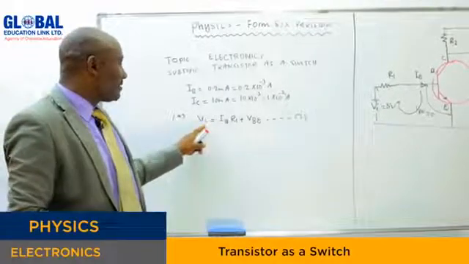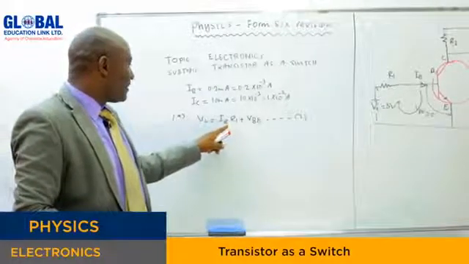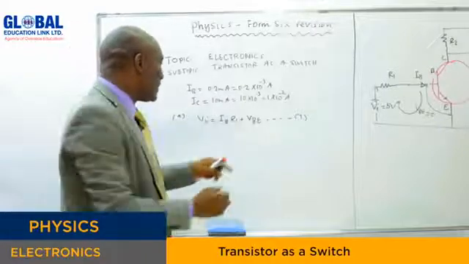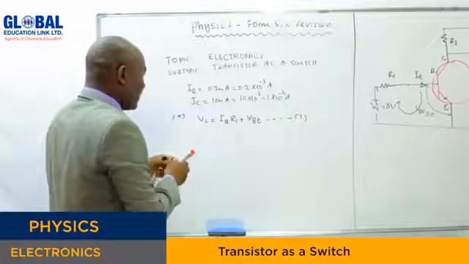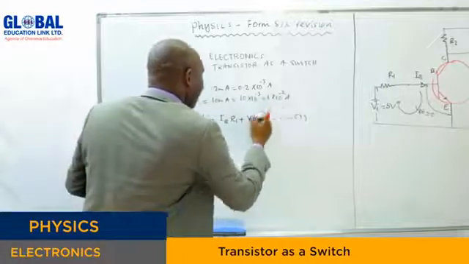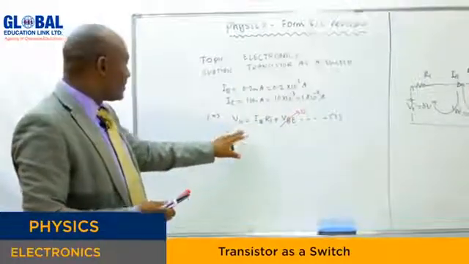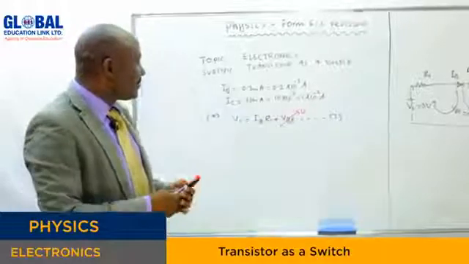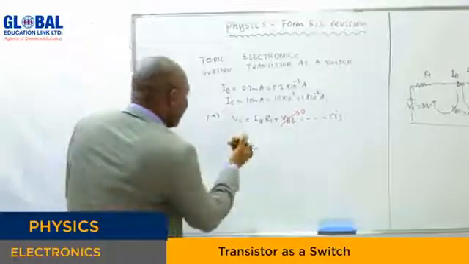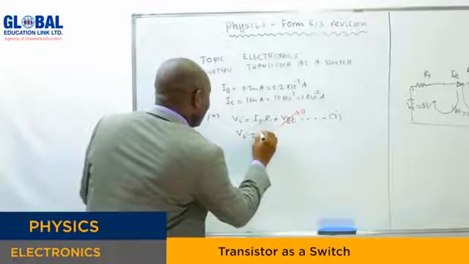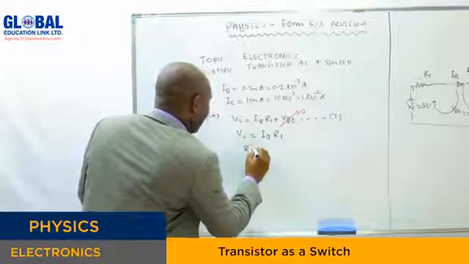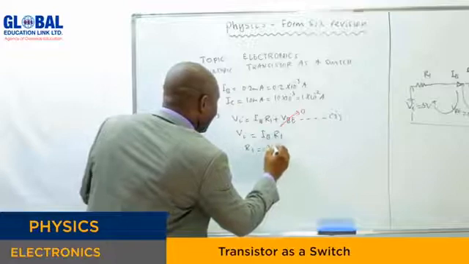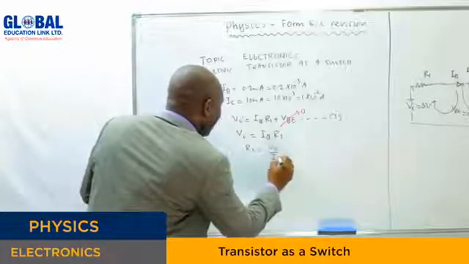If you know the input voltage and we have the base current, you can find R1. Here you are told that VBE is 0. Since the base emitter voltage is 0, we are left with VI equals base current times R1, from where you can find R1 as VI over base current.